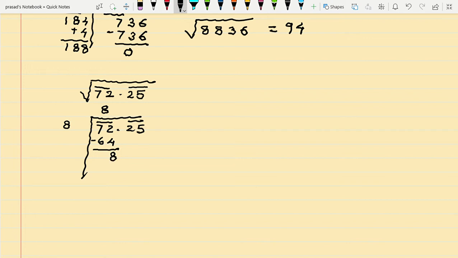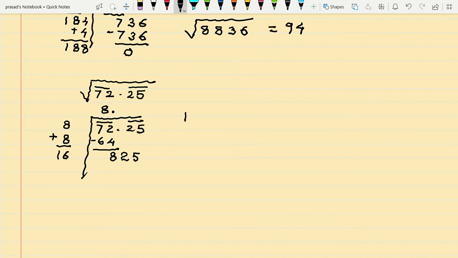Now according to the rule given, add the quotient to the divisor. 8 plus 8, 16. Now after 72 there is a decimal point, so give a decimal point in the quotient and take the next group down, 25.